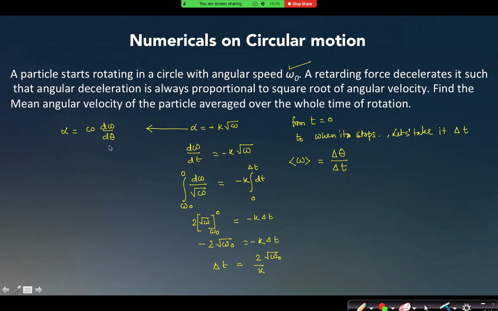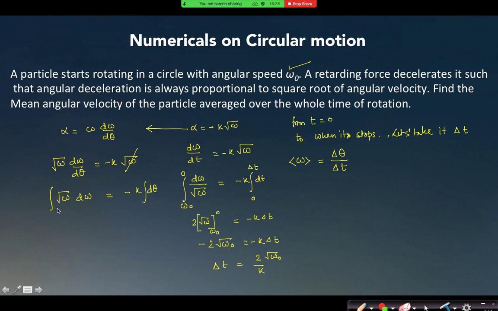So omega d omega by d theta is equal to minus k root omega. Root omega I can cancel, so root omega d omega is equal to minus k d theta.